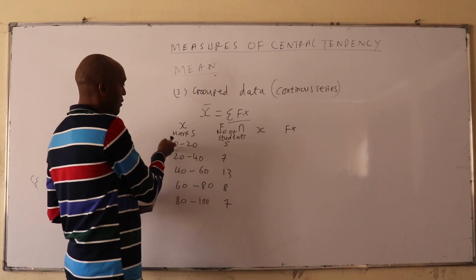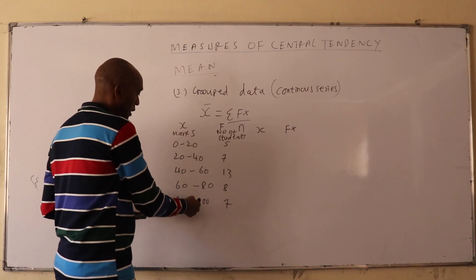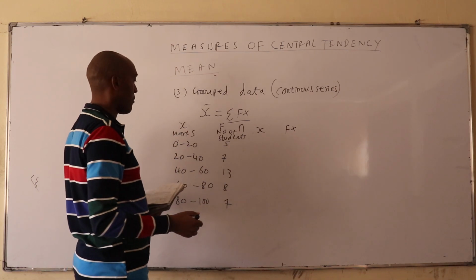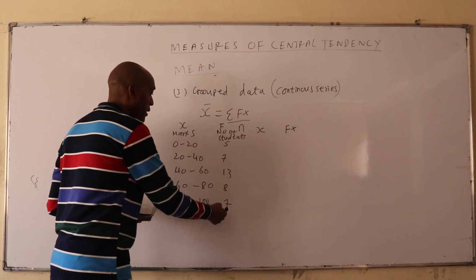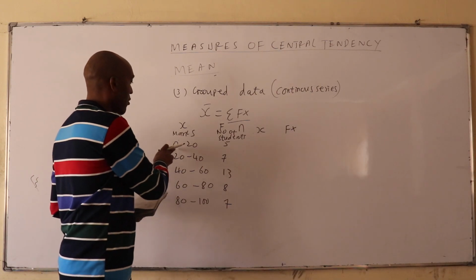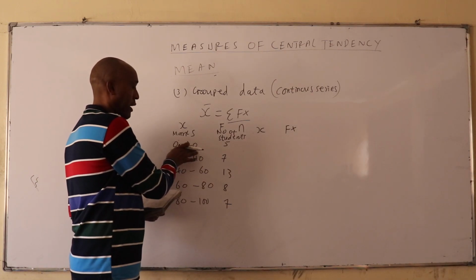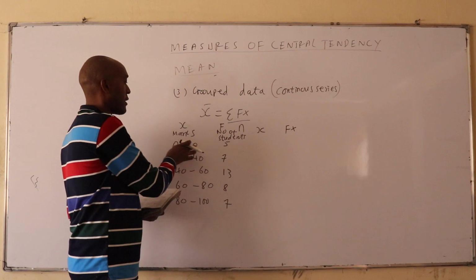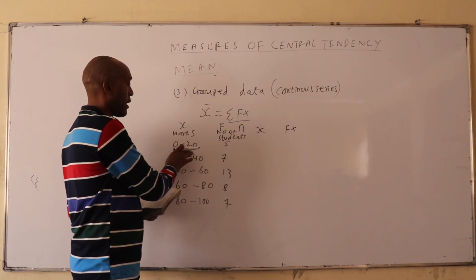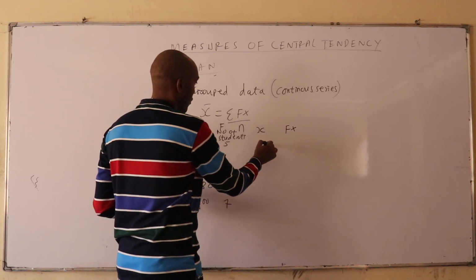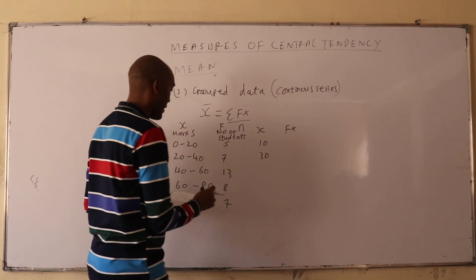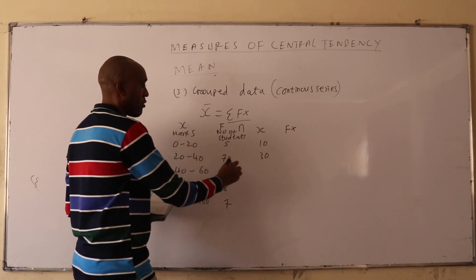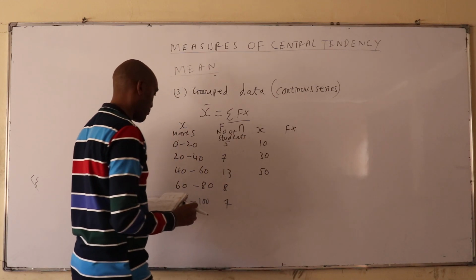So 0 plus 20 is 20, divided by 2 is 10. 20 plus 40 is 60, divided by 2 is 30. 40 plus 60 is 100, divided by 2 is 50.